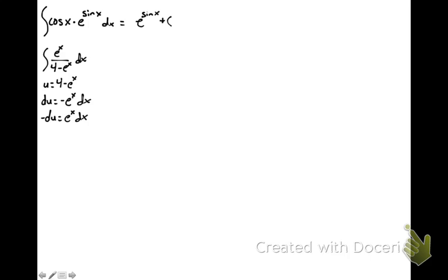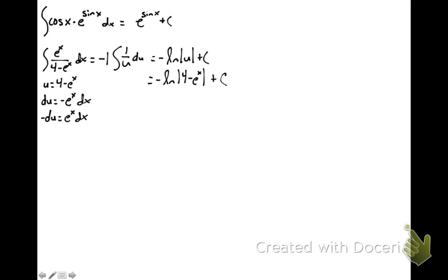So this is negative 1 times the integral of 1 over u du. The integral of 1 over u is the natural log of the absolute value of u plus c, but we said that u had the value of 4 minus e to the x, so we have negative the natural log of the absolute value of 4 minus e to the x plus c, and we could stop there.